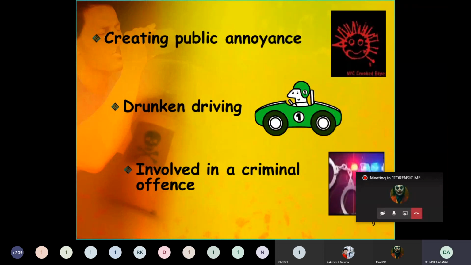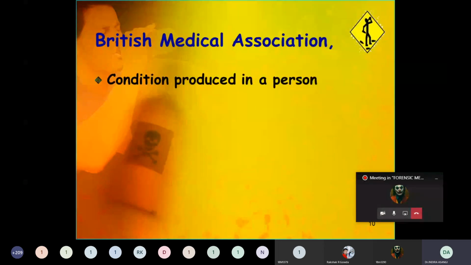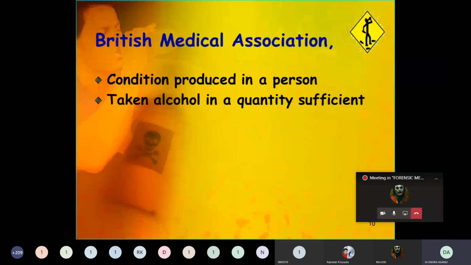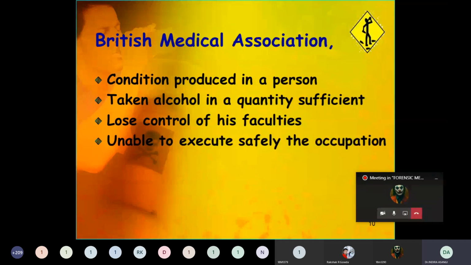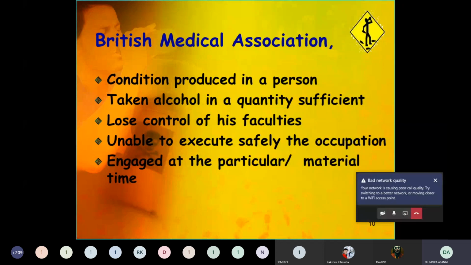So these are the circumstances. According to the British Medical Association, this condition is produced in a person who has taken alcohol in a quantity sufficient to lose control of his faculties and be unable to safely execute the occupation in which he was engaged at a particular time.